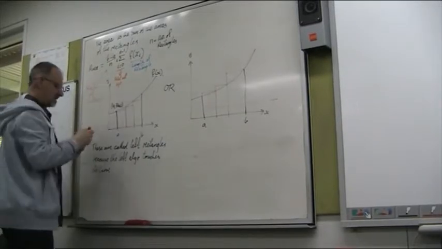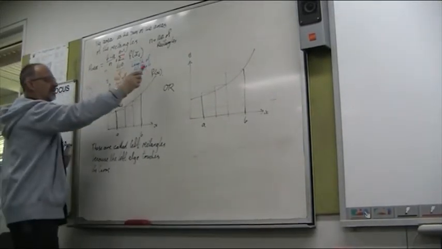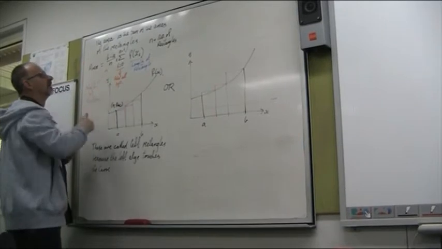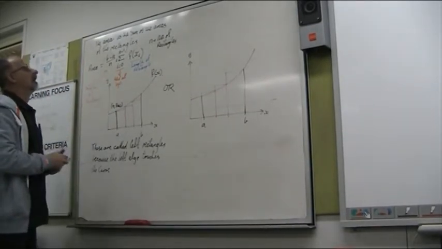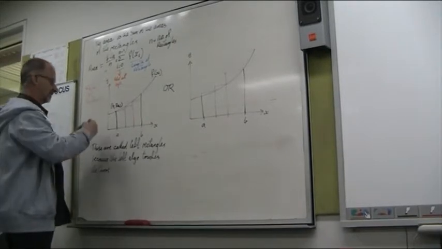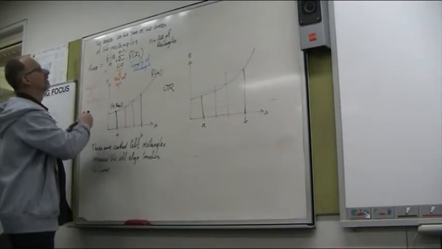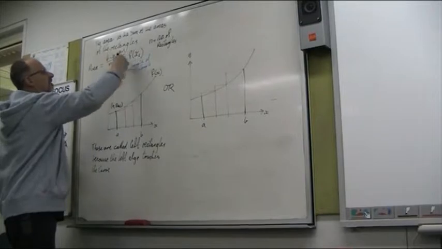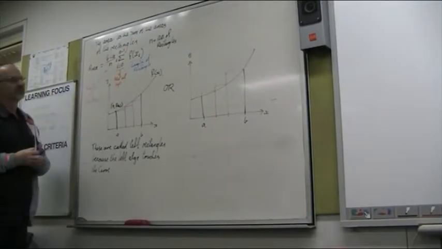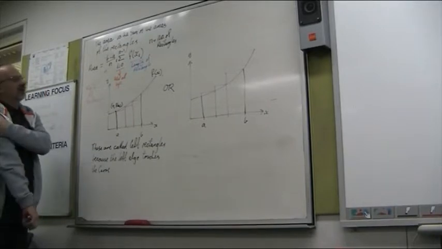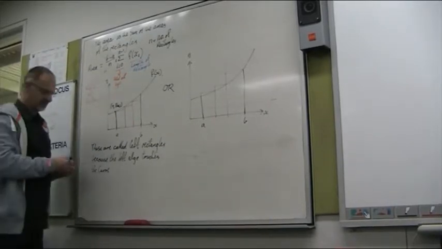The f of x, yeah. What is it doing in that sum? In that equation, what you do is you do this. There's a bracket around all of that that's left out.